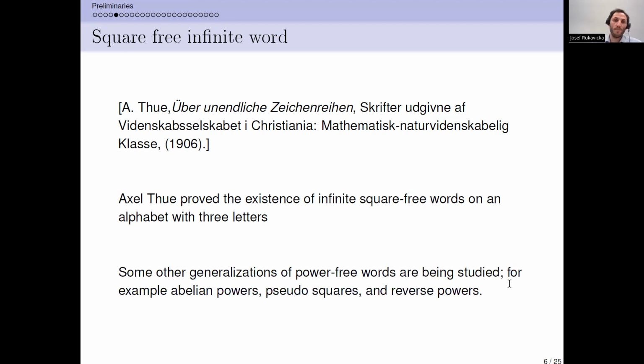As such, there are many results, many different generalizations of this. Quite naturally, there are generalizations concerning the alpha and also the size of the alphabet, but there are also some other generalizations. For example, there are abelian powers, pseudo-squares, and reverse powers.